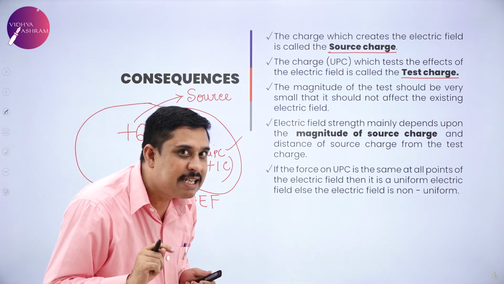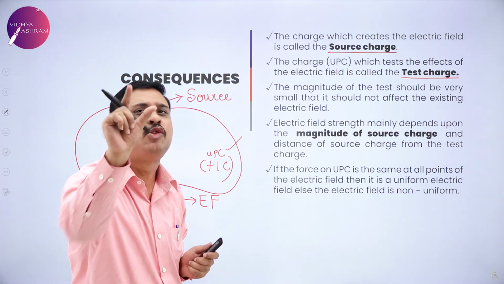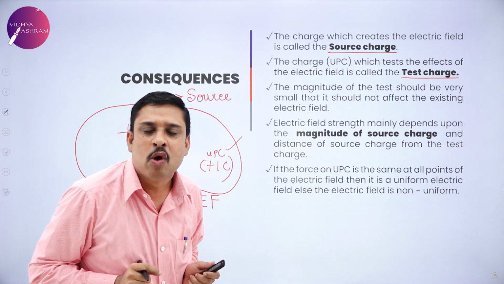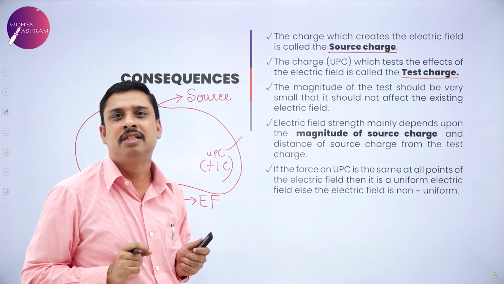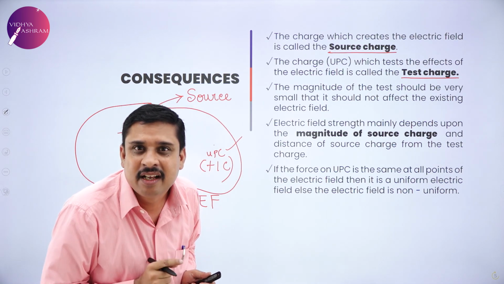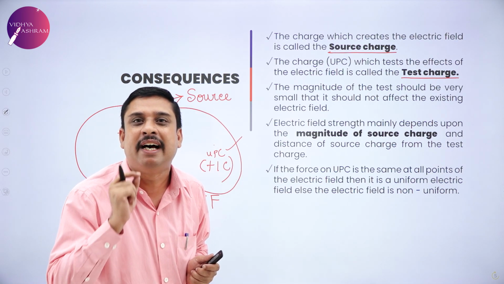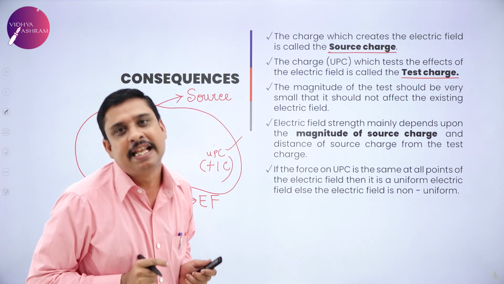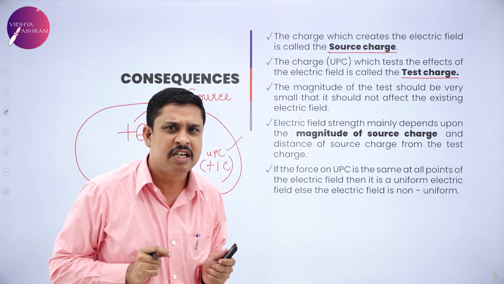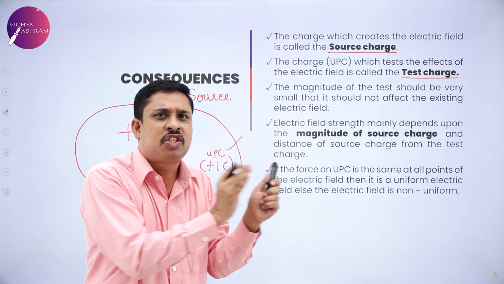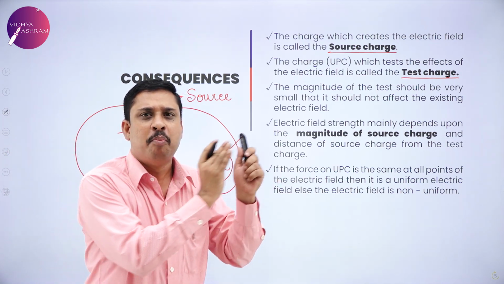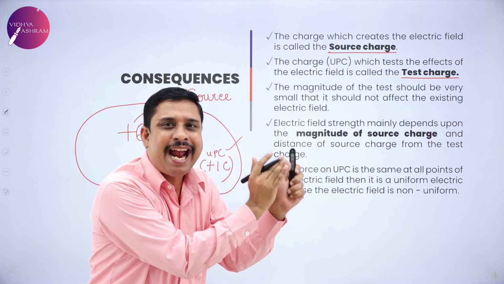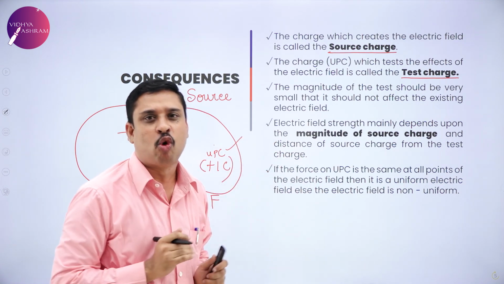What is test charge? Always it is UPC, plus 1 coulomb of charge, which will test, which will give me the impact of the electric field. So from here afterwards, very clear: source charge, test charge. The point charge creating the field is the source charge.